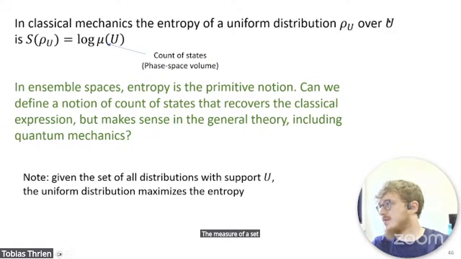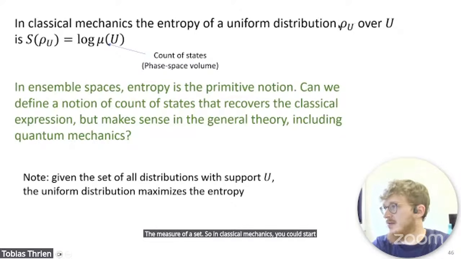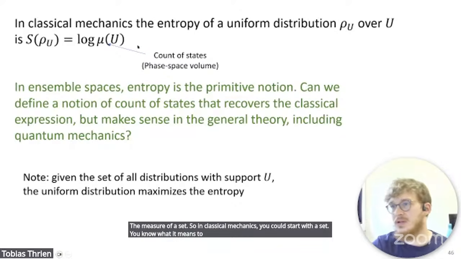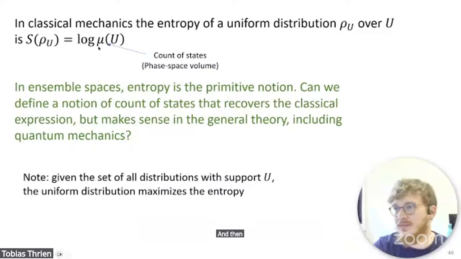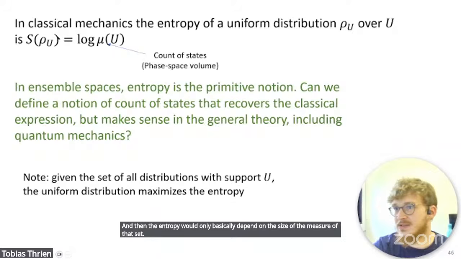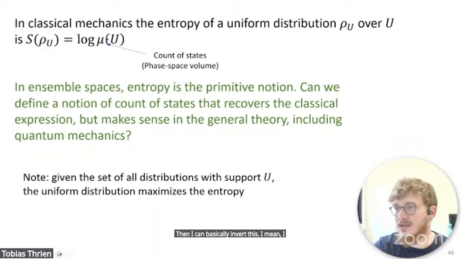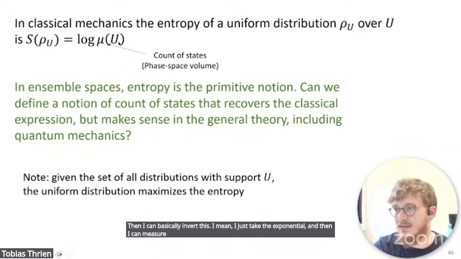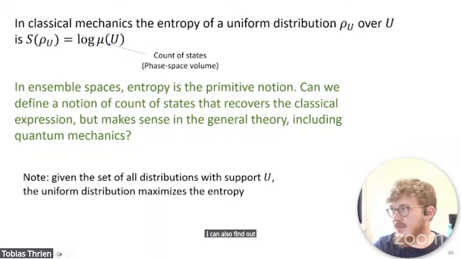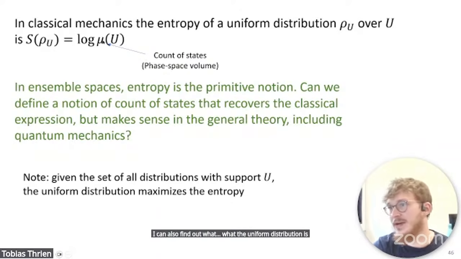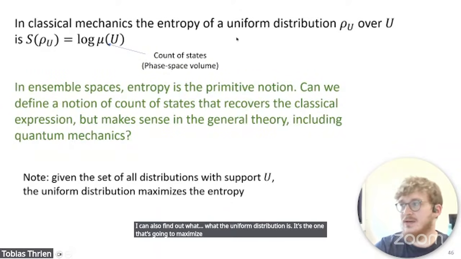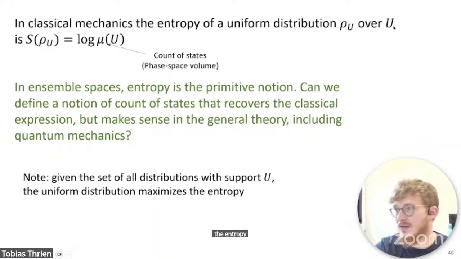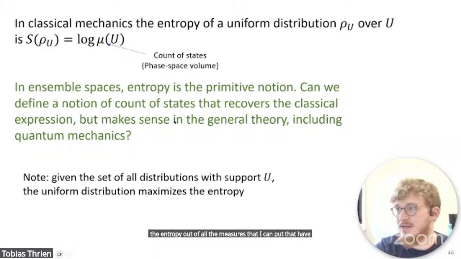So in classical mechanics, you could start with a set, you know what it means to put a uniform distribution on it, and then the entropy would only depend on the size of the measure of that set. But that also means if you give me the entropy, then I can invert this. I just take the exponential, and then I can measure sets. I can also find out what the uniform distribution is. It's the one that's going to maximize the entropy out of all the measures that have support on a given set.